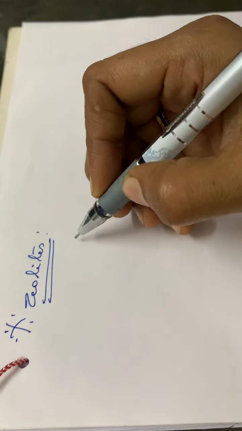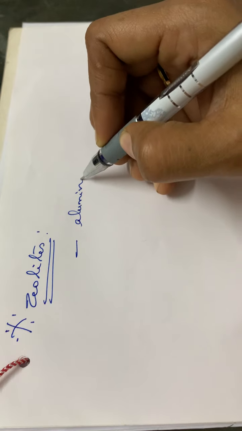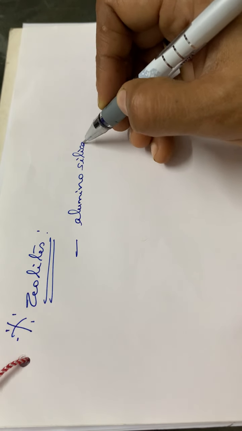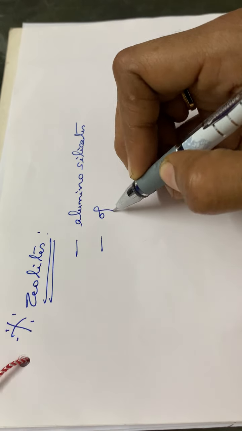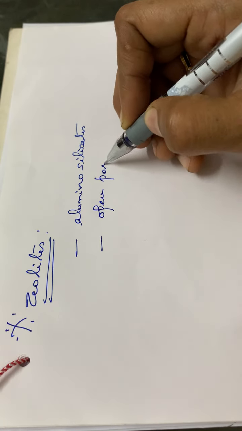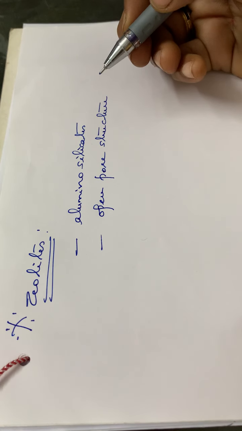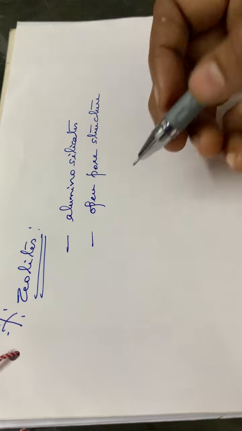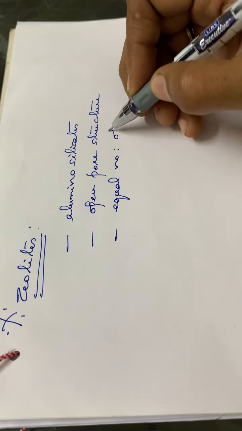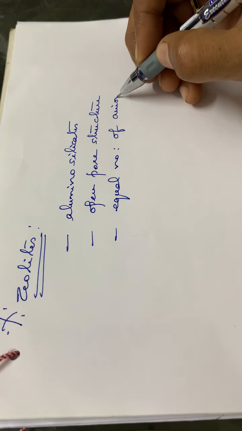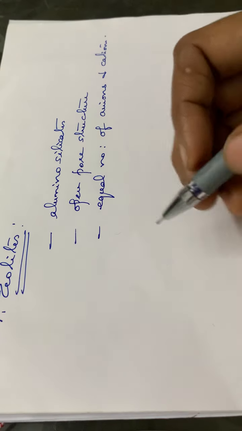Normally zeolites are aluminosilicates, and zeolites have an open pore structure, or they are porous. They have an equal number of anions and cations in the structure.